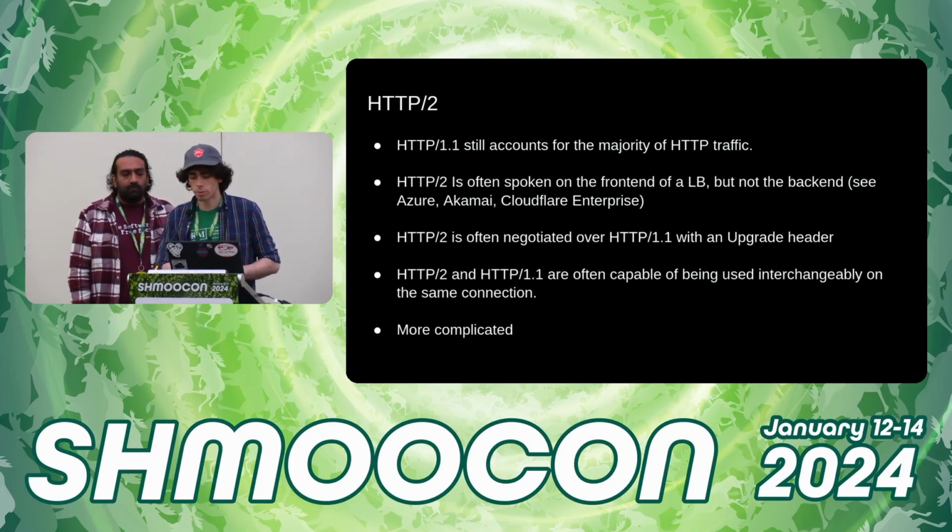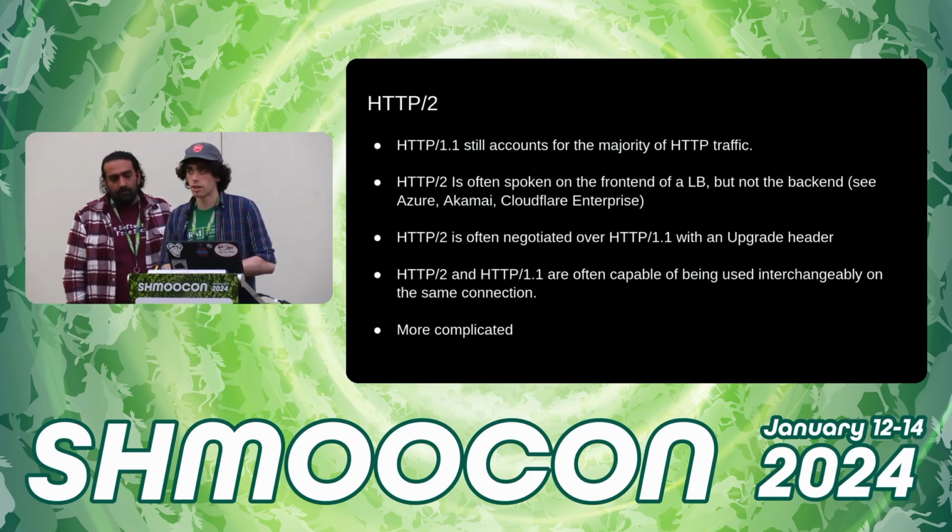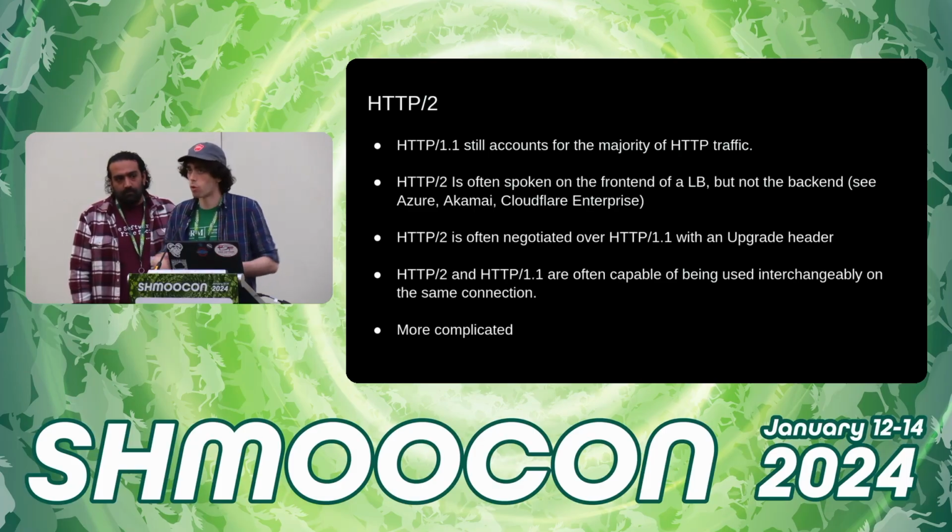H2O used to allow that empty header name when downgrading. It would forward an HTTP 1 message with an empty header name, which would then get rejected by the next server in the chain. We saw some other weird things like that, such as white space handling differing between H2 and H1, but nothing of particular note.